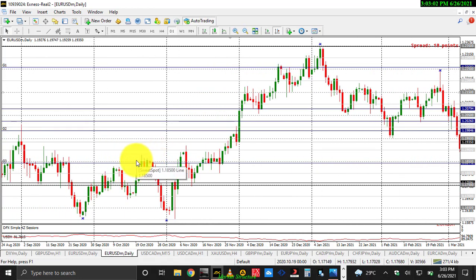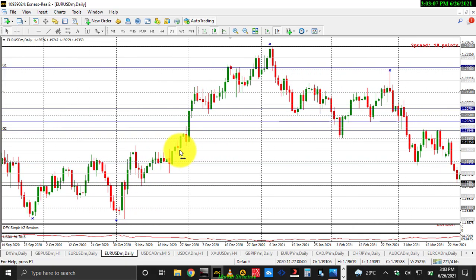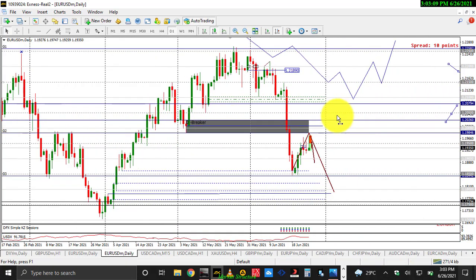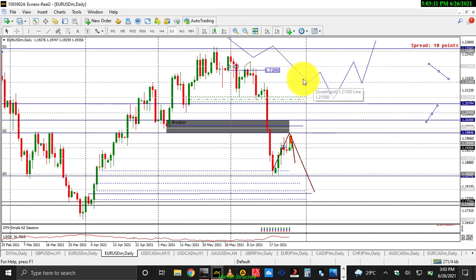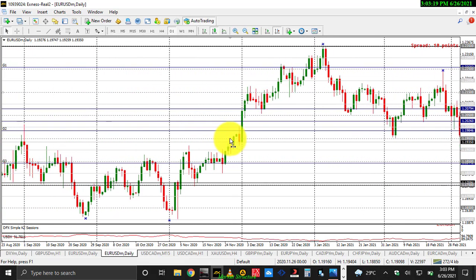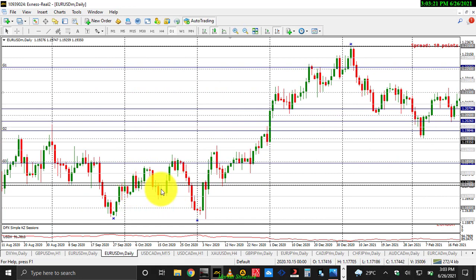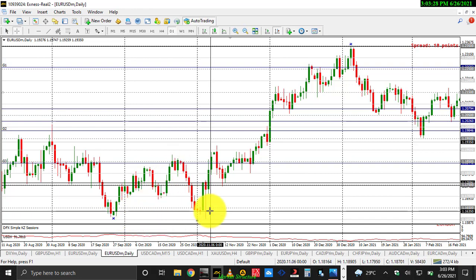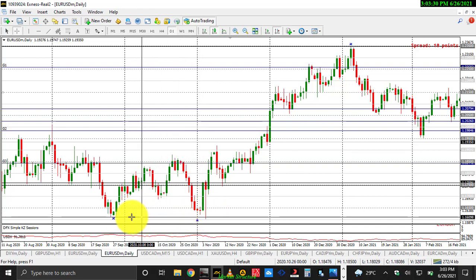Now, as I said, after taking out these lows over here, or the liquidity around this low, something like this. After taking them out, this and then that, price came to take them out.